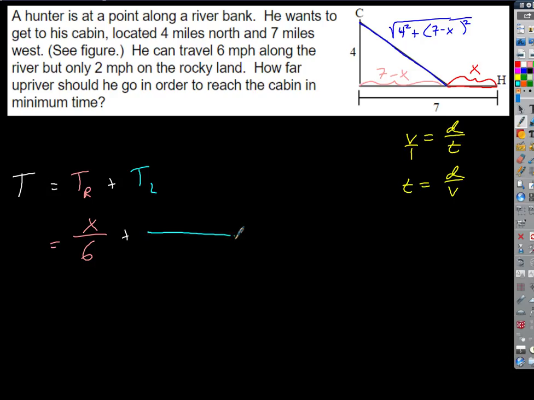We could simplify that: x squared minus 14x plus 49 plus 16 is 65, all over the speed cross country, which is 2. So that's our primary equation. How many unknowns are there?